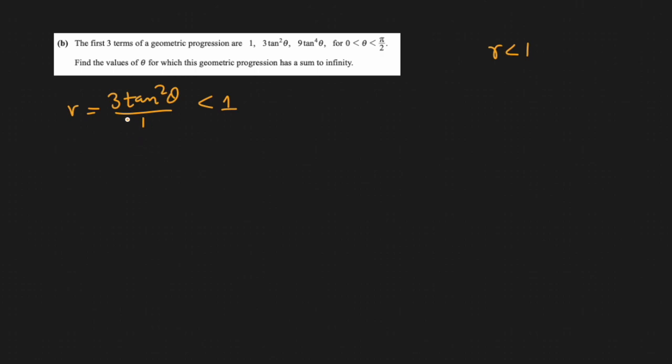So what will we do? Tan squared theta is less than 1 over 3 by cross multiplication; 3 comes down. Now we'll square root both sides.